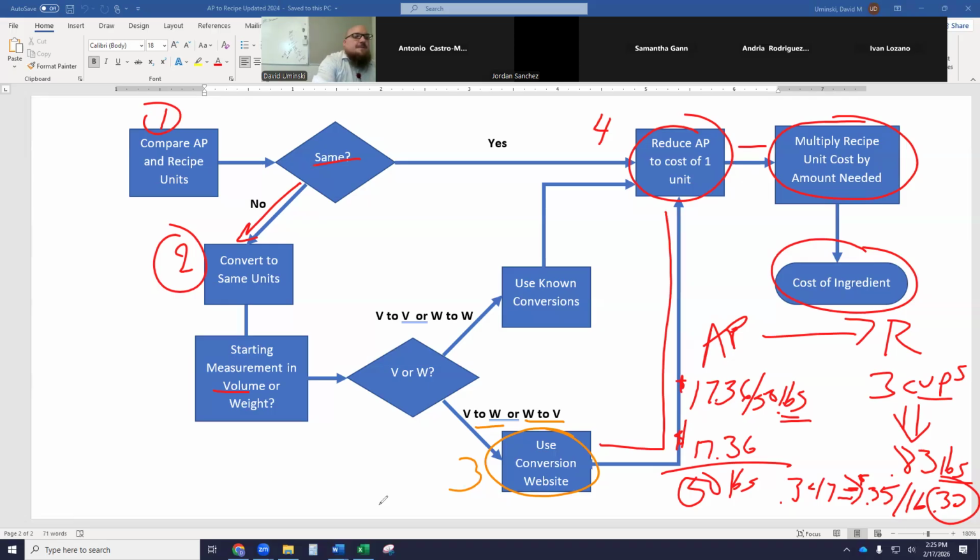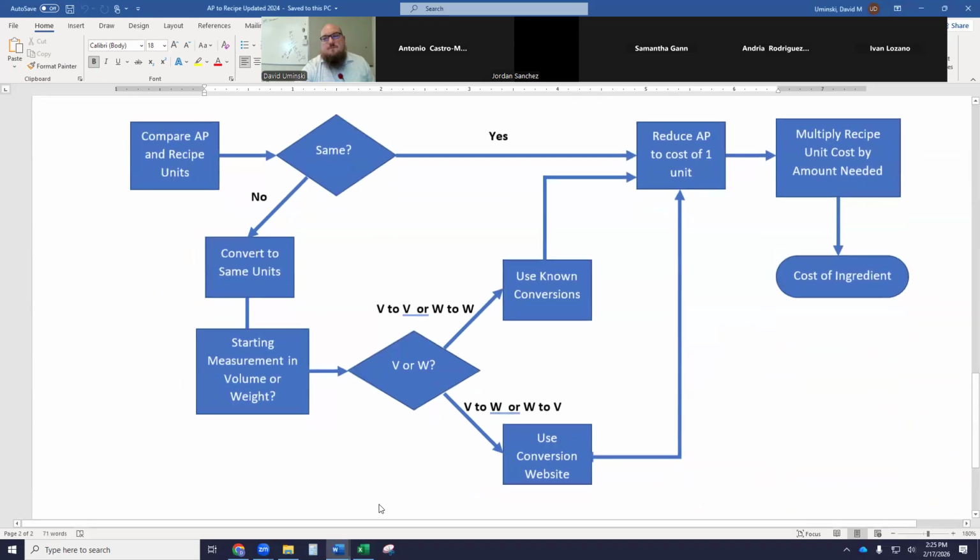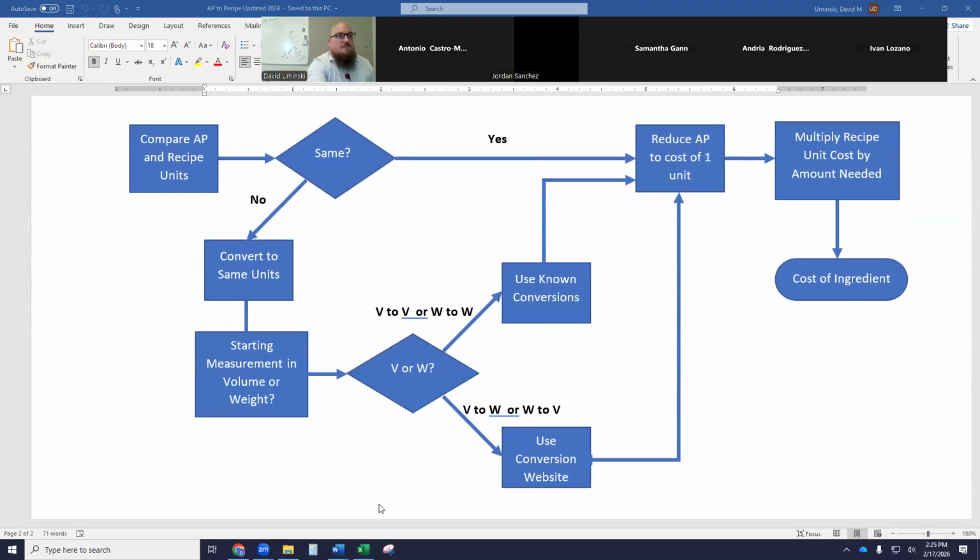Let's do another example. All right. So another example, AP to recipe. Let's do vanilla. Okay. What's our recipe unit for the vanilla?